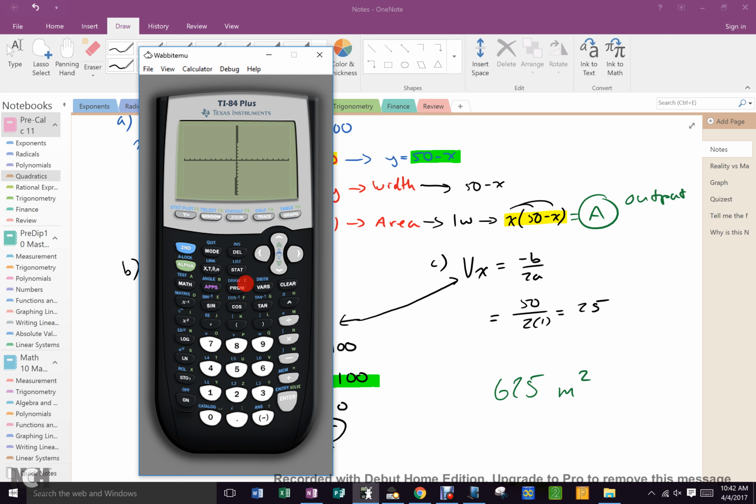So if I go with a bad window, second, calc, value, 25, because I know that's my Vx, does that not work on everybody's machine? Second, calc, value.